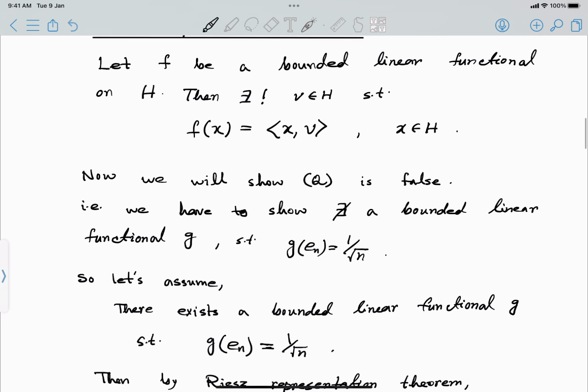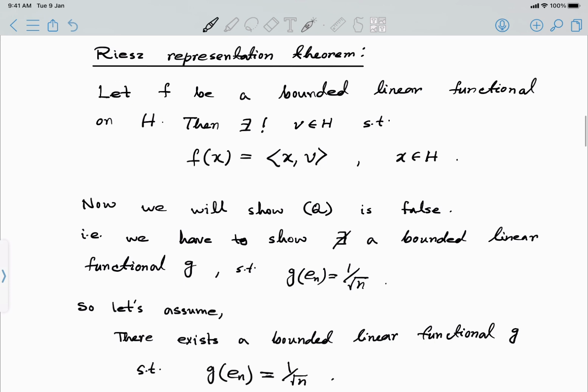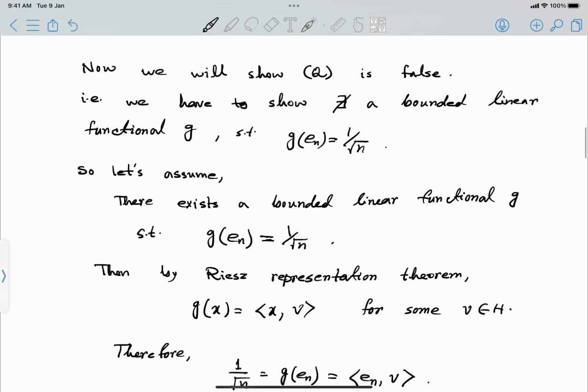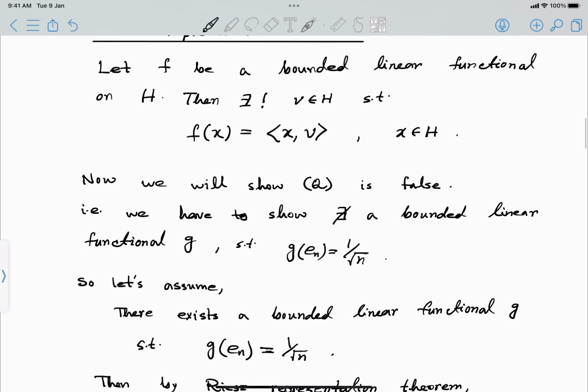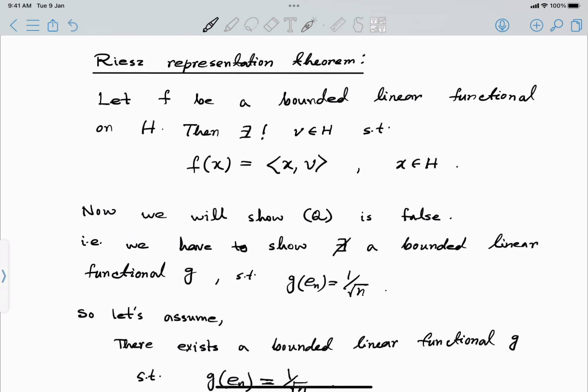The Riesz representation theorem gives an extra thing: the norm of f is given by the norm of v.